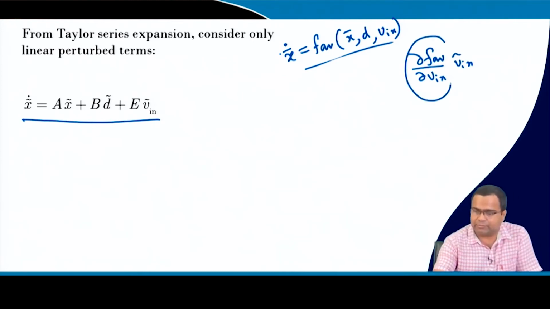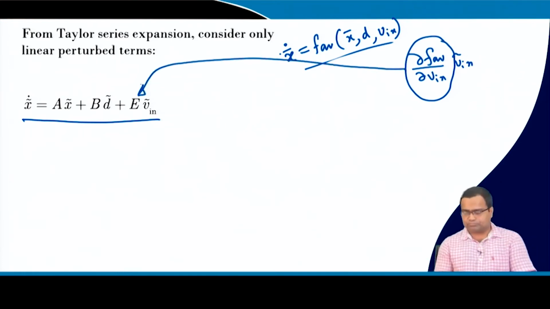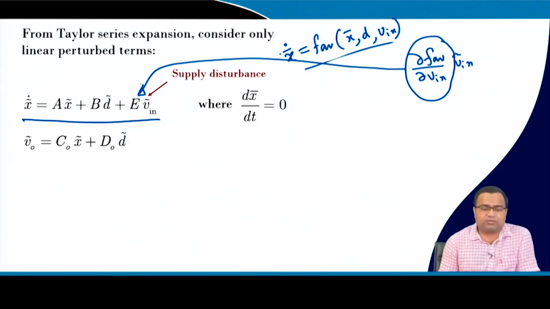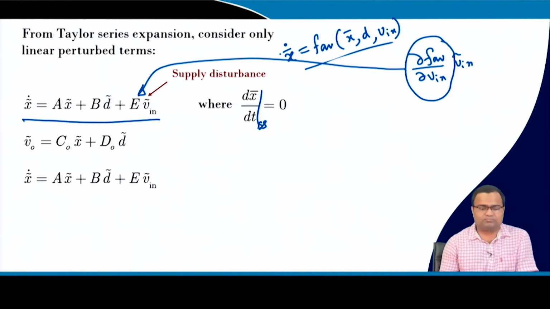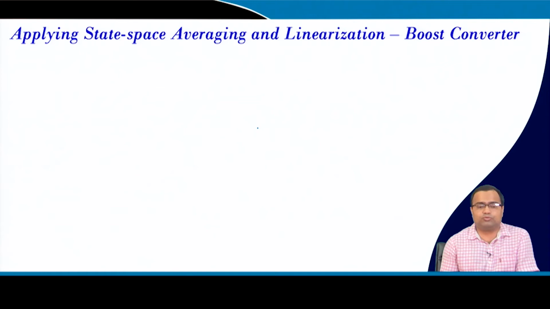And this particular term, if you compute at steady state, will give you the equivalent E matrix, the supply disturbance. So, now if you set the average quantity to 0, at steady state it is 0, so you can get this model, and we can take an ideal boost converter.